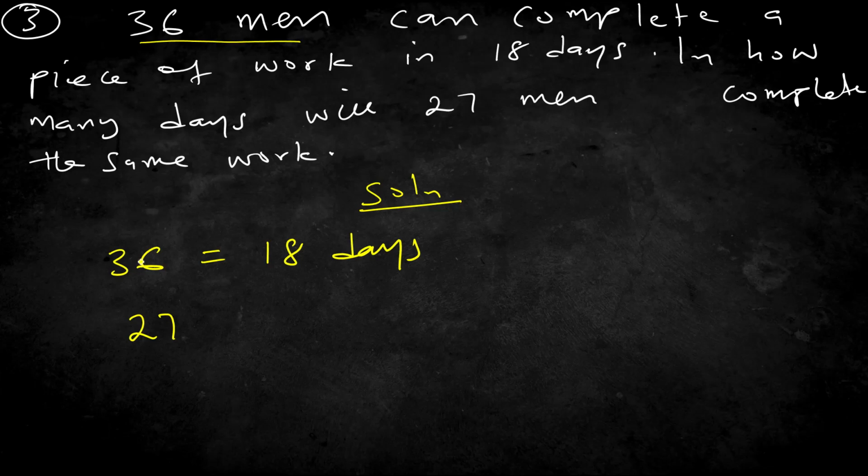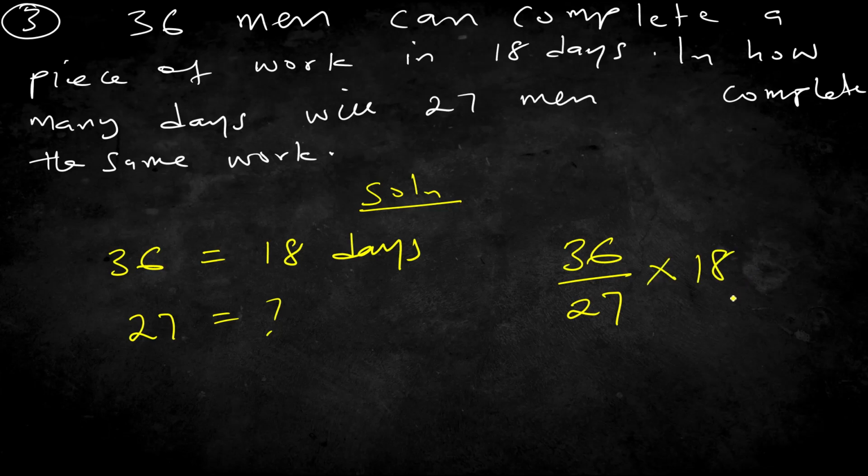So if 36 men are using 18 days, 27 men will use more days. So this one will be a simple proportion. If more, less divide, and if less, more divide, so we have 36 over 27 times 18. We can make this side over 1.